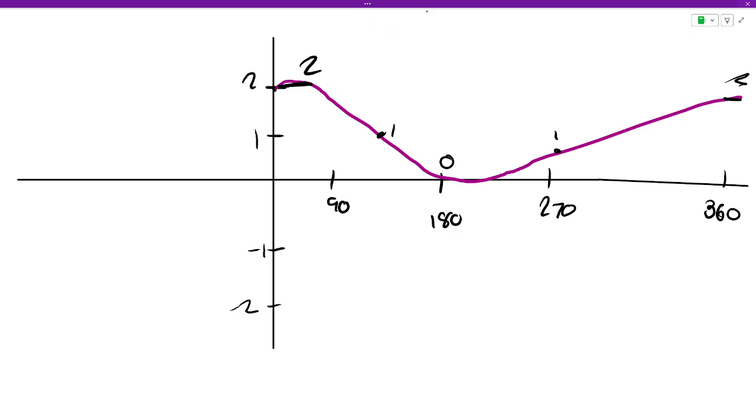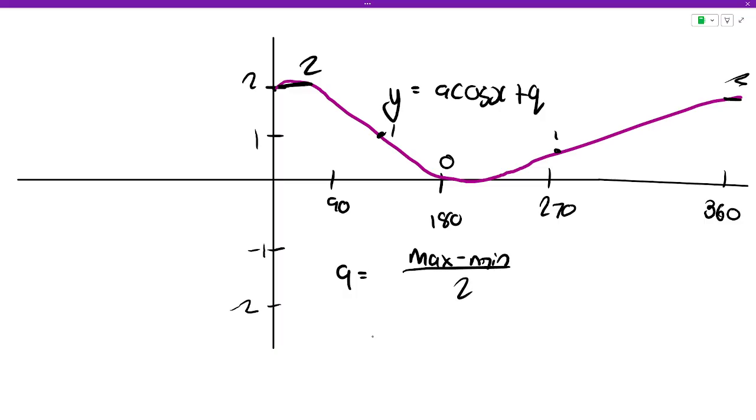Now, in this example, they give you y is equal to a cos x plus q. Right. Now, a is your amplitude, max minus minimum, over 2. So your max is 2, your minimum is 0, therefore your amplitude is 1. Now, what you do from here is you sub in a point. So let's use this point here, 0 and 180. 0 on the y-axis.